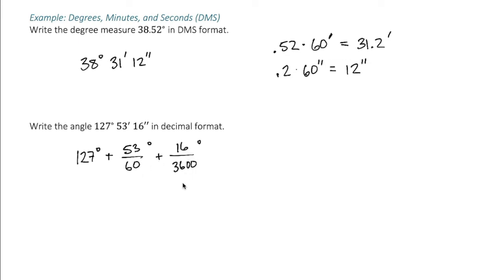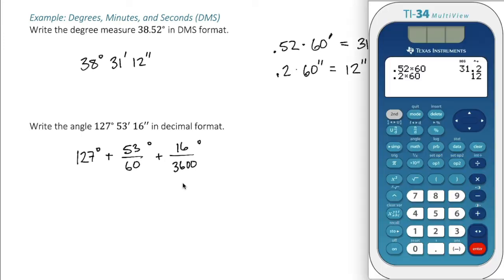And that will give us the decimal format. So let's go ahead and do that. We have 127 plus 53 over 60, and then plus 16 over 3,600.